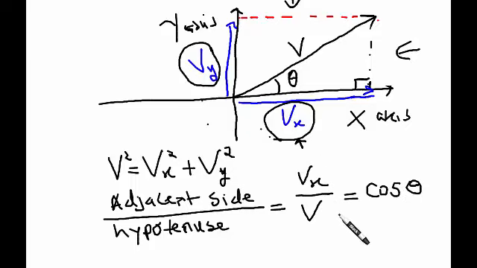And from here, you can easily see that vx is equal to, cross-multiplying, v cos theta.